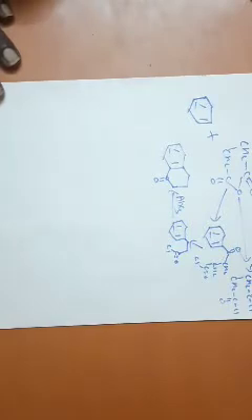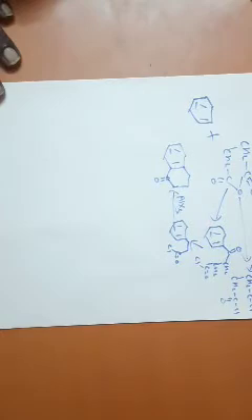Boys, in the next class, we shall see the main aspect of the aromatic electrophilic substitution reaction. So far I have discussed 4 reactions. First, I discussed the mechanism of aromatic electrophilic substitution in general. We saw the evidences. We saw 4 reactions, namely nitration, halogenation, Friedel-Crafts alkylation and acylation.